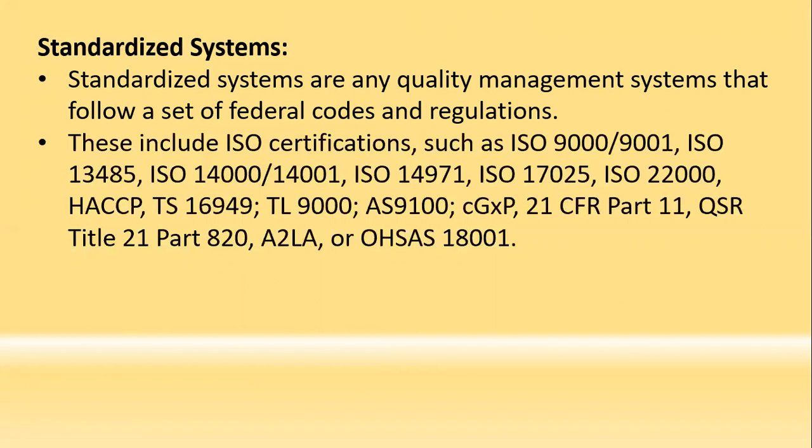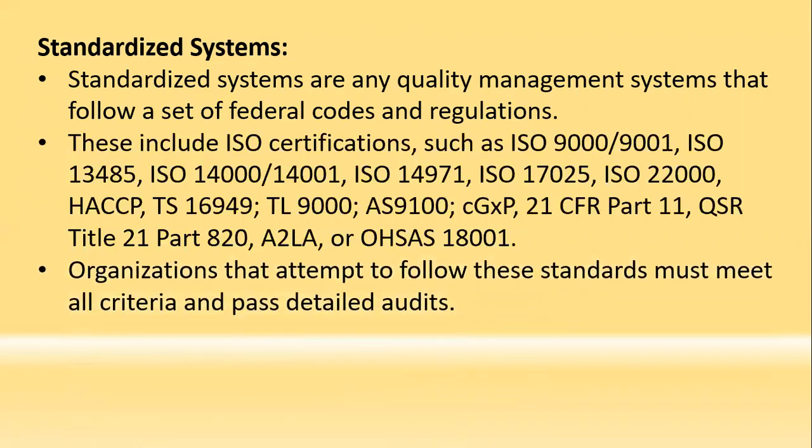So all these are various standardized systems which have a set of codes and regulations. Once a company obtains these certifications, it means that it has to abide by these rules and regulations, such that the quality of the product will be obtained.